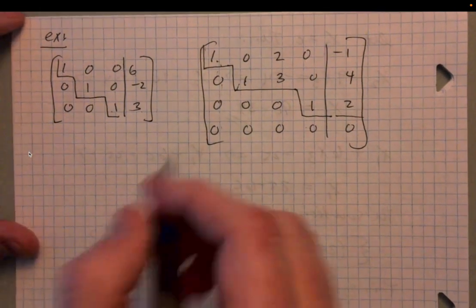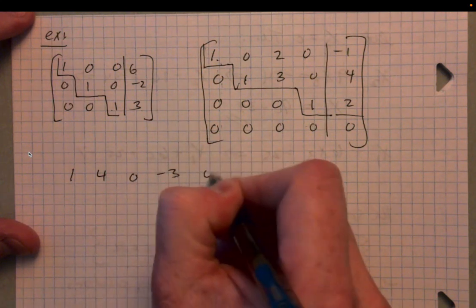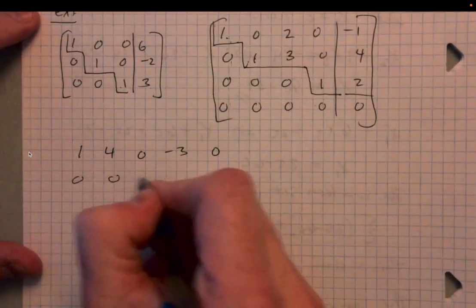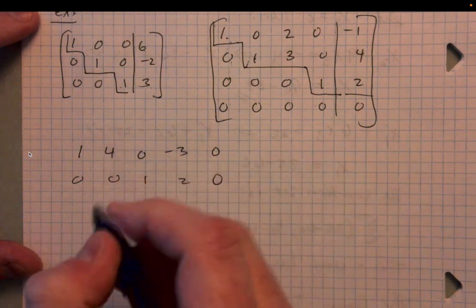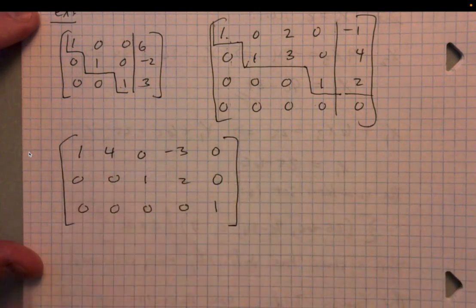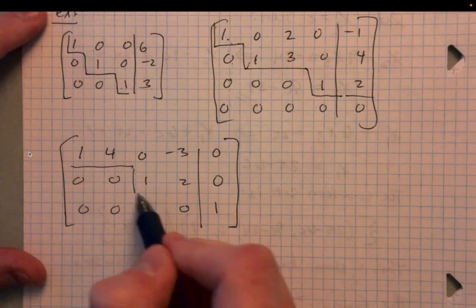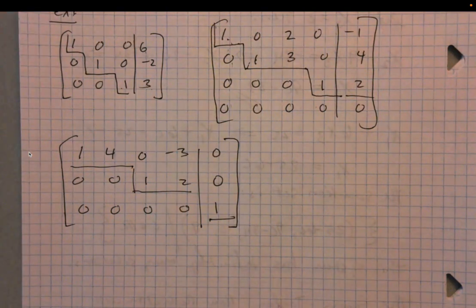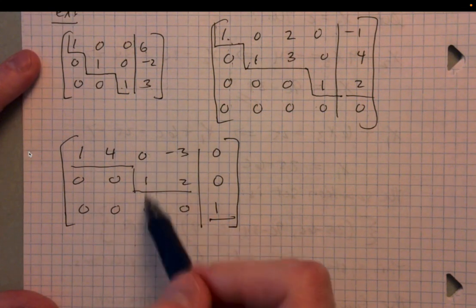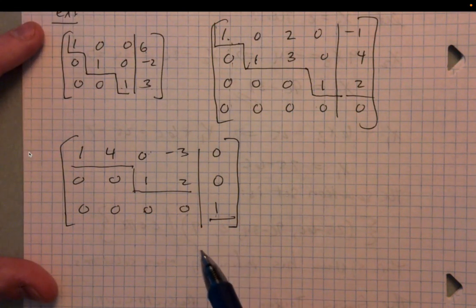Okay, what about something like this? Is this matrix in reduced row echelon form? It's an augmented matrix. Well, you've got the stair step stepping down like this, so that looks okay. In the pivot columns, you've got zeros below here, zeros above and below here, and zeros above here. That's okay. There's no full row of zeros.